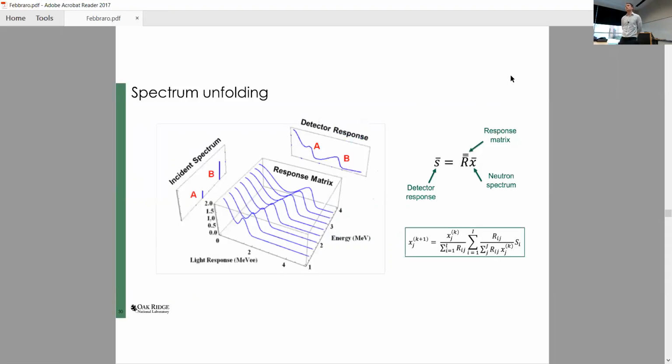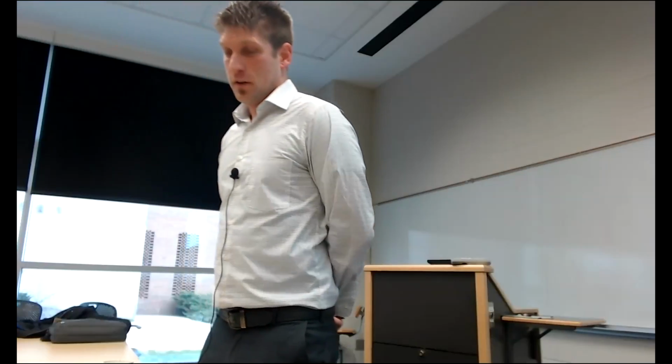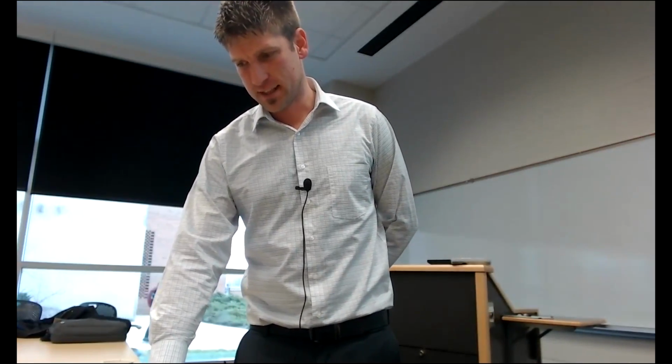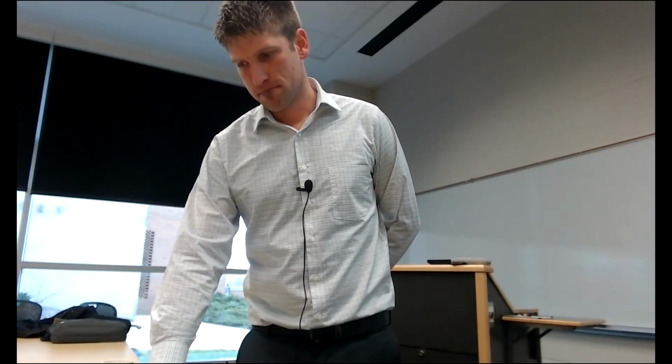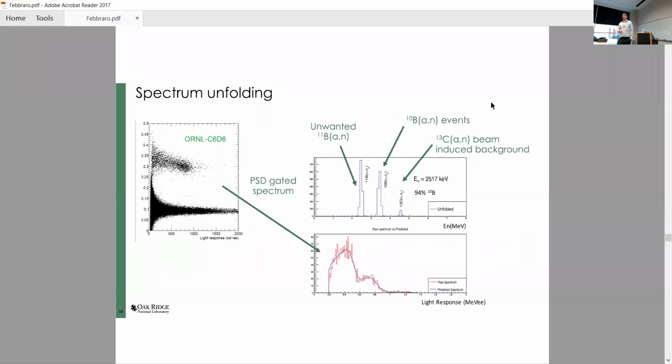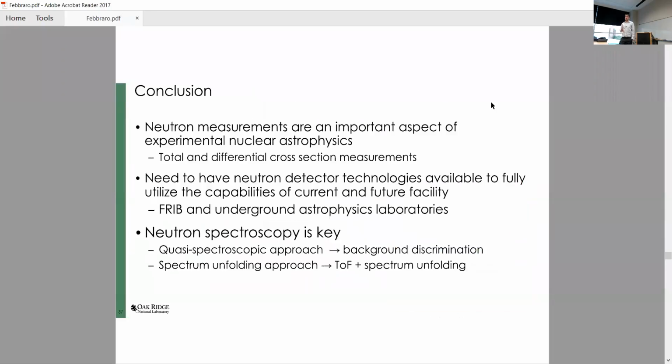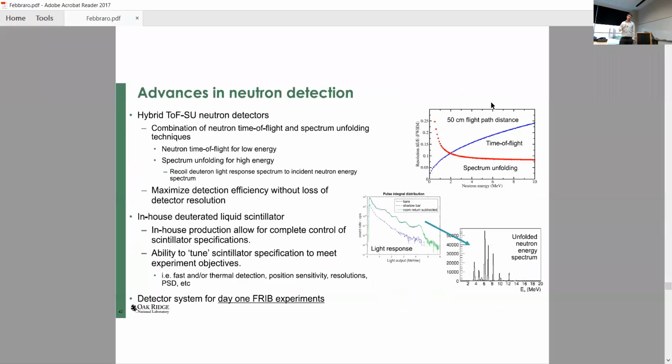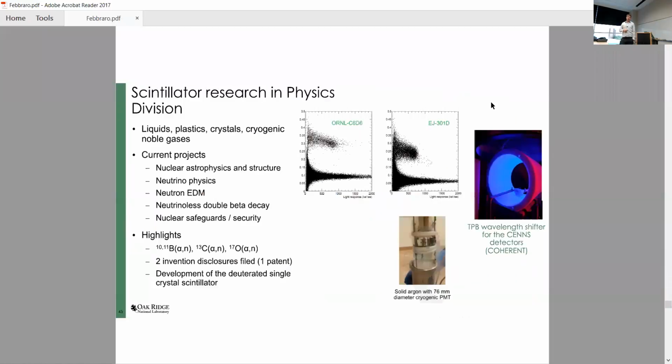Okay, one last question. So highest neutron energy. Oh, that's an interesting question. Did I include that slide? So this is interesting. This is 14 MeV neutrons. One problem with this method is if you go significantly above 10 MeV or so, the deuteron starts to break up.